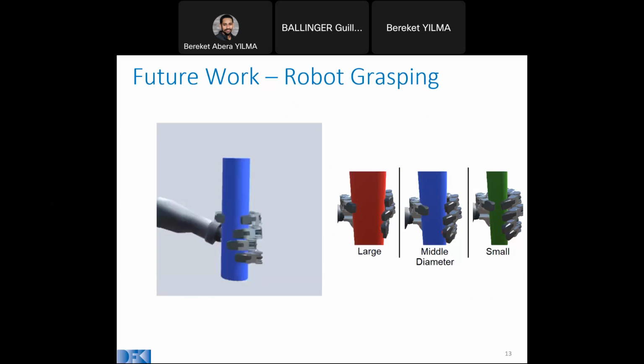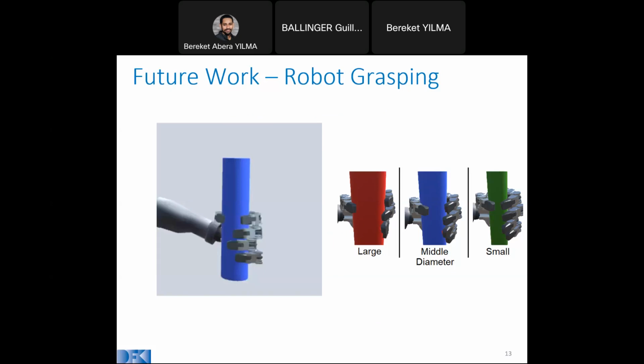And what we're trying to do is teach it only on one part of the objects, like the middle cylinder or the large or the small, and then let it generalize to other objects as well. So the training data will only have one of those, and then it will be able to predict on its own the other objects, or how to treat other objects, how to grasp them with an anthropomorphic hand.